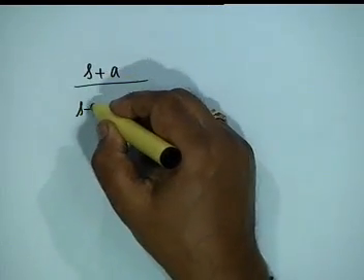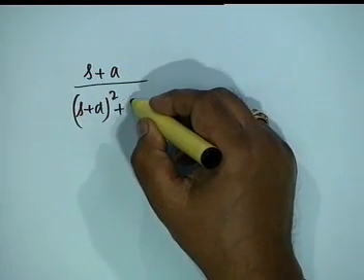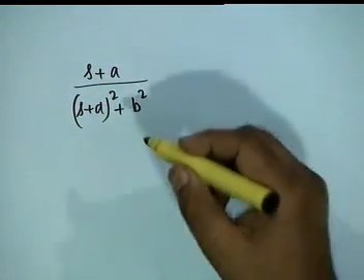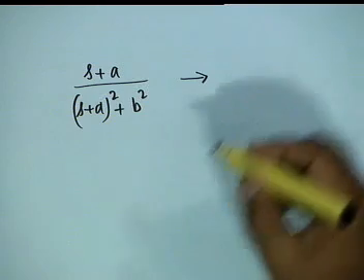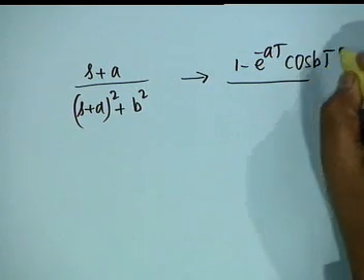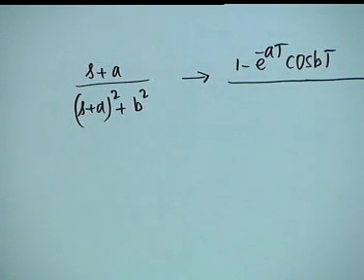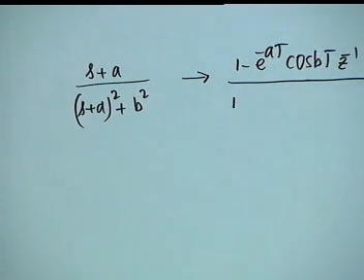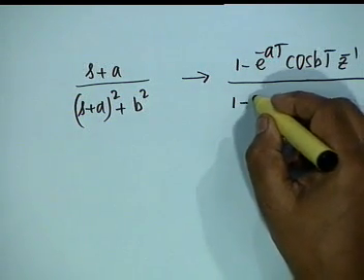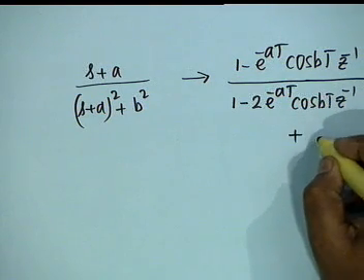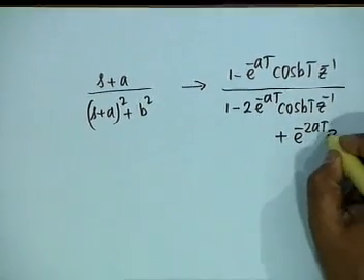That is, if I have S plus A divided by S plus A whole squared plus B squared, two complex poles giving rise to such a factor, then by impulse invariant transformation it becomes 1 minus e to the minus AT cosine BT Z inverse divided by 1 minus twice e to the minus AT cosine BT Z inverse plus e to the minus 2AT Z to the minus 2.